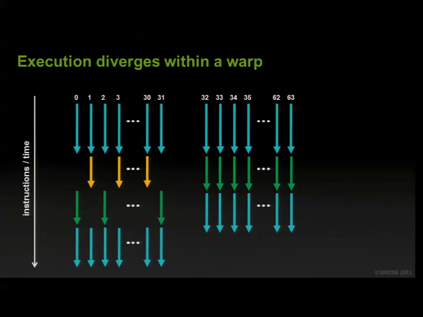So every second thread does something else. Basically, thread number 0 loads, thread number 1 writes out, thread number 0 loads, thread number 1 writes out, and so on. This is not a particularly good pattern, because every single warp goes through both the true and the false part.